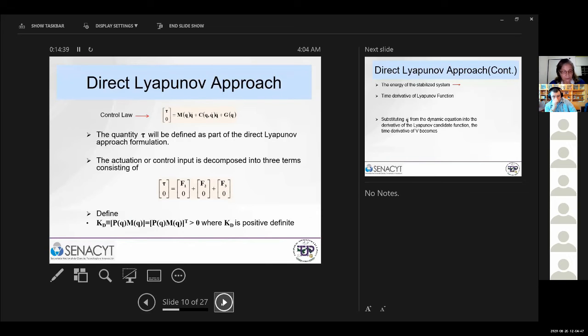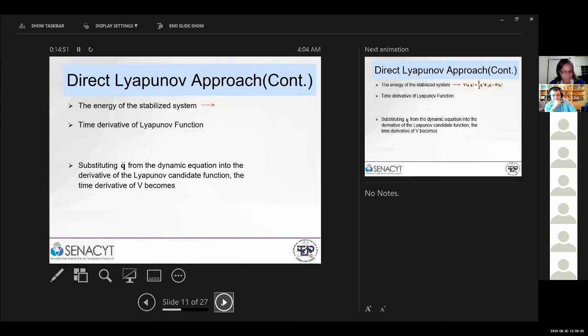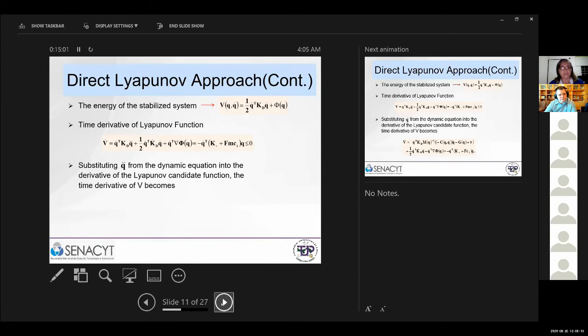Here, the proposed control law is shown, as well as how the actuation or control input is decomposed in 3 terms. Applying the Lyapunov approach to the generalized coordinates, the energy of the stabilized system is given by the equation presented here, where phi is a potential function and kd is a symmetric positive definite matrix.